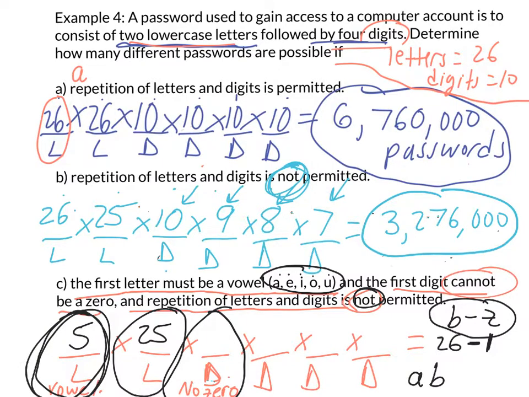So I'm just going to say that I use 9. If you can choose anything besides 0, then you have 1 through 9, which is 9 total options to choose from.